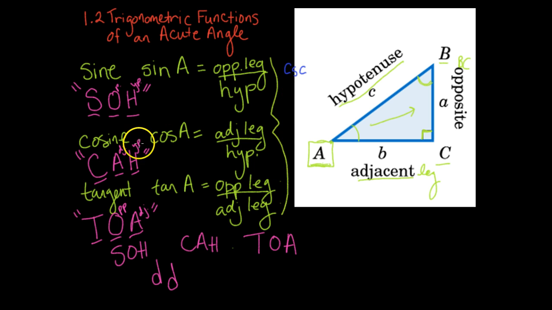And the function that corresponds to cosine is secant. Let me just spell it out: cosecant, secant, and then guess what corresponds to tangent? What's the reciprocal of tangent? Yes, you've got it, cotangent.